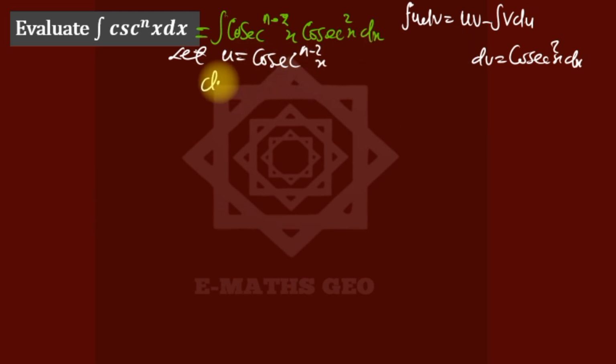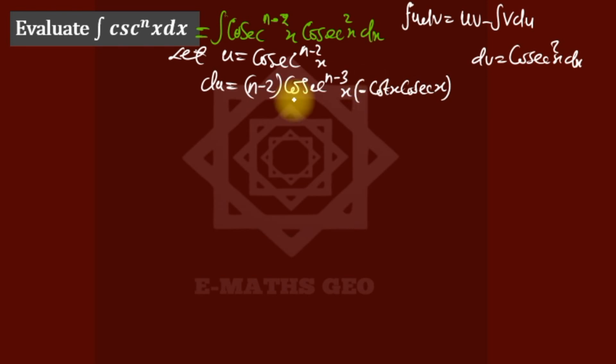So if I differentiate u, I have n minus 2 cosec x raised to power n minus 3, times the derivative of cosec x, which is minus cot x cosec x. This is now equal to minus n minus 2 cosec x raised to power n minus 2 minus 3 plus 1, times cot x.